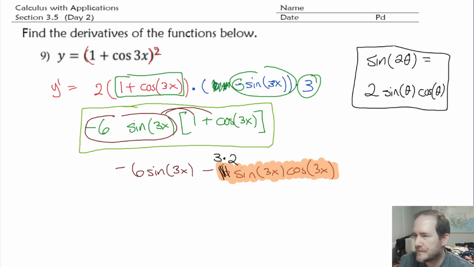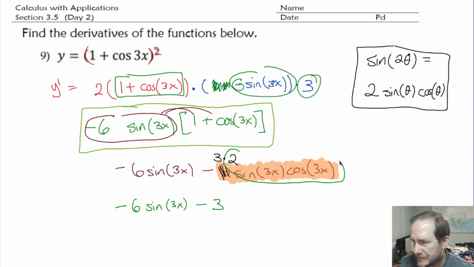Now what is that going to bring me? It looks like it's going to bring me to a negative 6 sine of 3x minus 3, and then all these 3 pieces get combined, and it just becomes the sine of a 3x that got doubled, so it's 6x now.